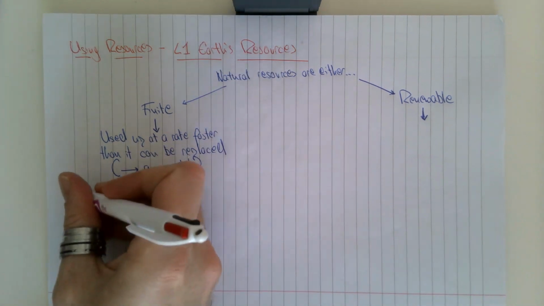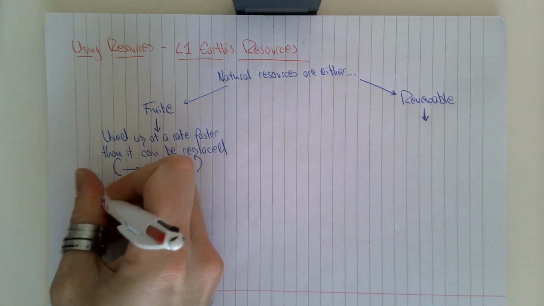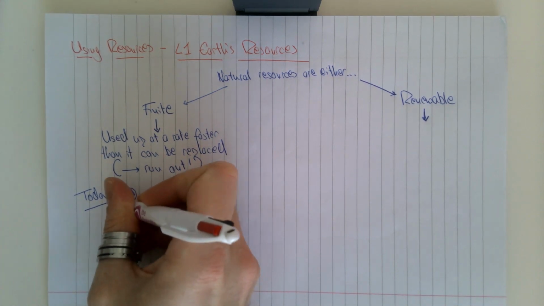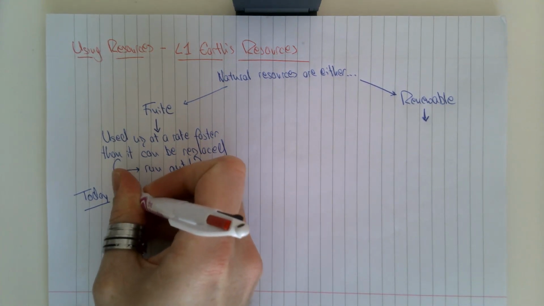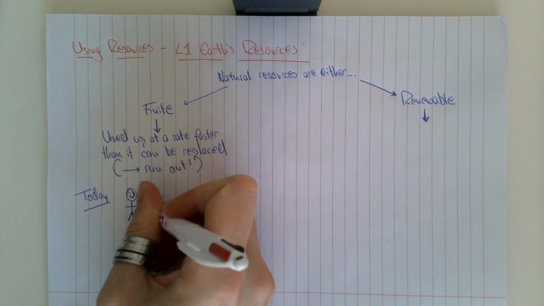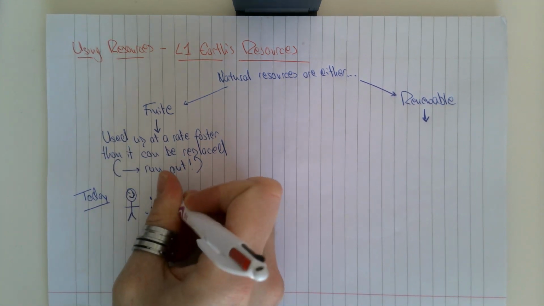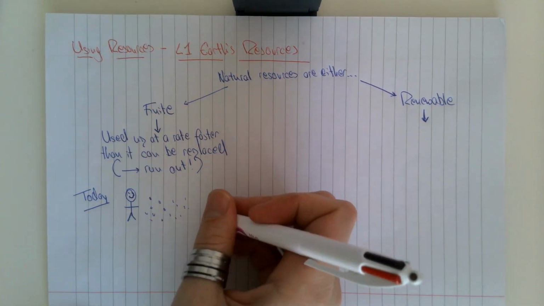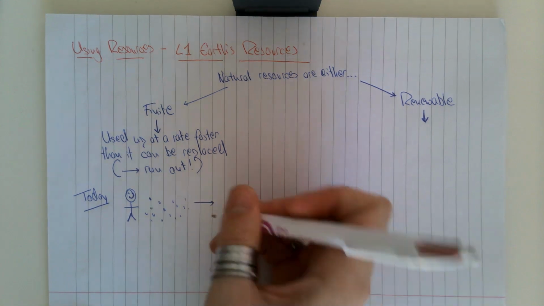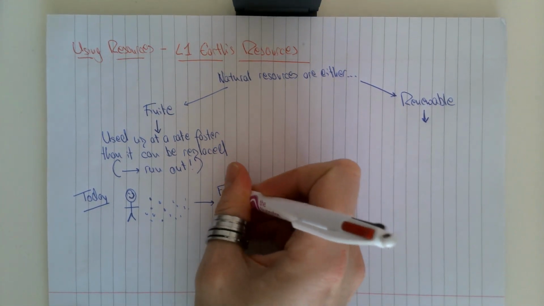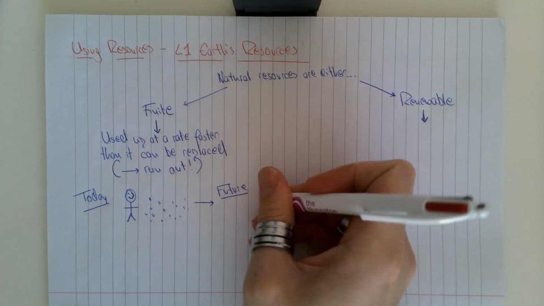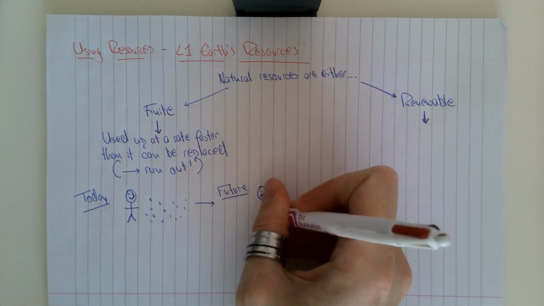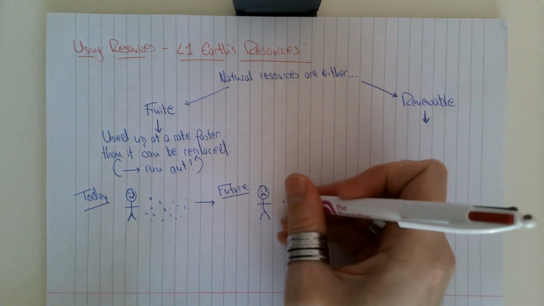So if you think about it in terms of time, today we've got human A, pretty happy. He's using all of these resources here. Whereas we go into the future and he's using them up at a rate faster than they can be replaced.